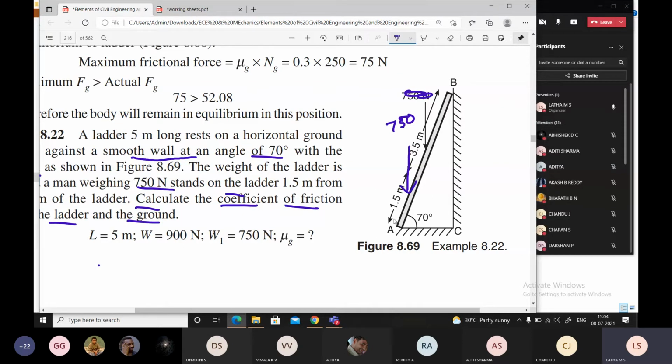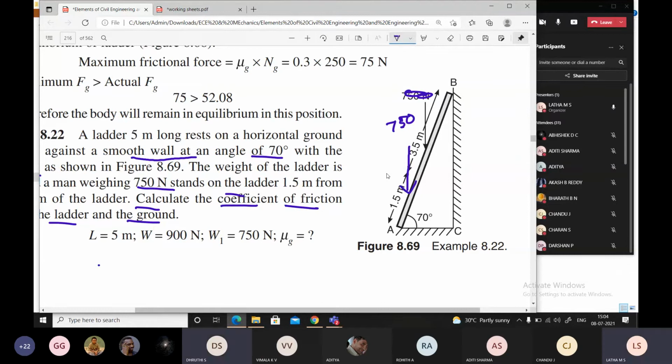There is a wall, there is a floor on which the ladder is resting, which is having 5 meter length. And the weight of the ladder is 900 Newton. Where will this 900 Newton act in the ladder?